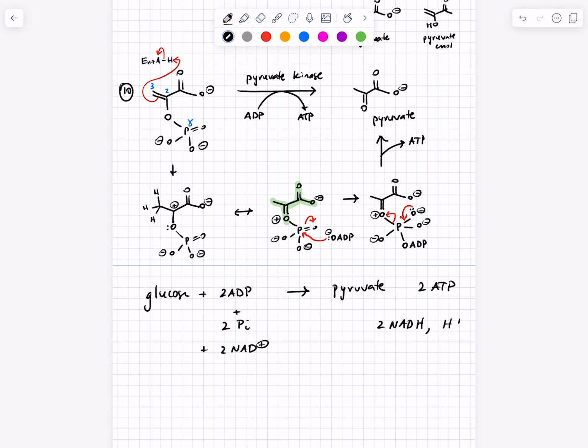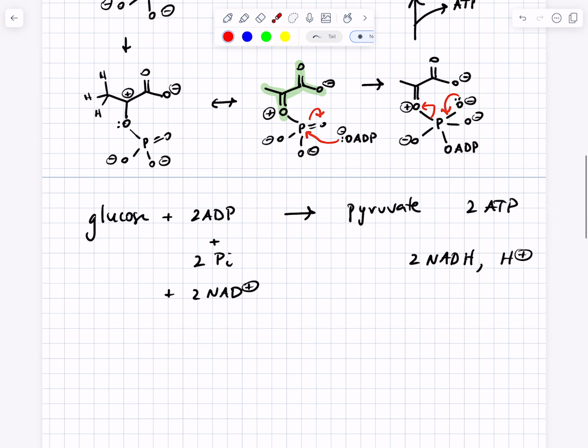And I guess we'll add the proton, though that's kind of silly. I'm sorry, I should have put 2 molecules of pyruvate there.